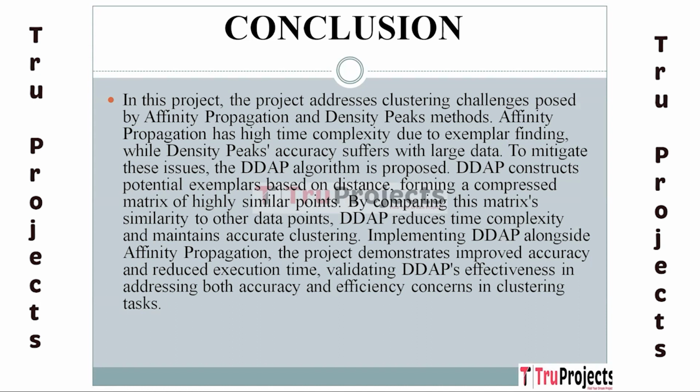DDAP decreases temporal complexity while maintaining accurate clustering by comparing the similarity of this matrix to additional data points. Using DDAP in conjunction with affinity propagation, the project shows better accuracy and reduced execution time, confirming DDAP effectiveness in resolving both accuracy and efficiency problems in clustering jobs.